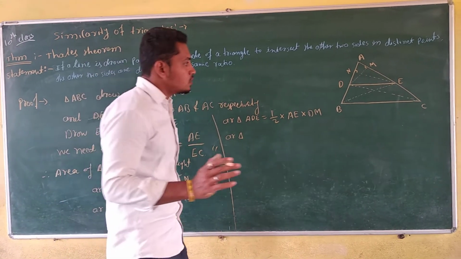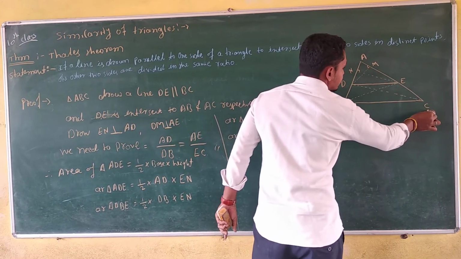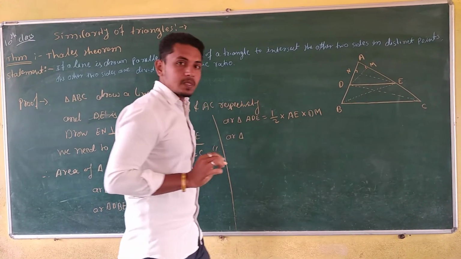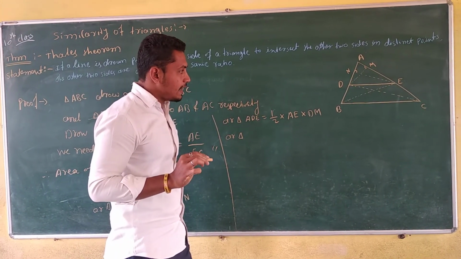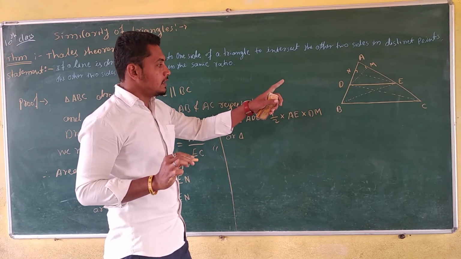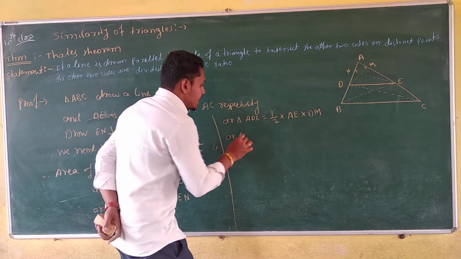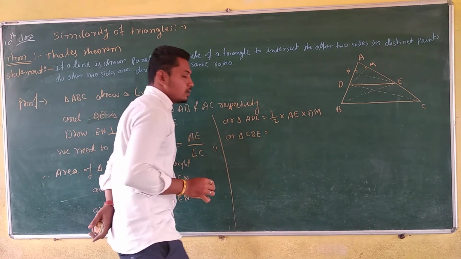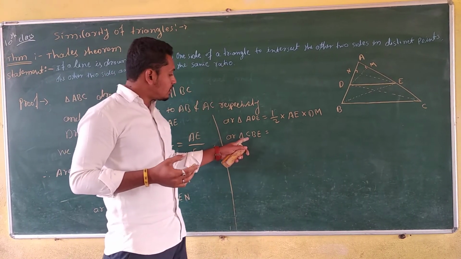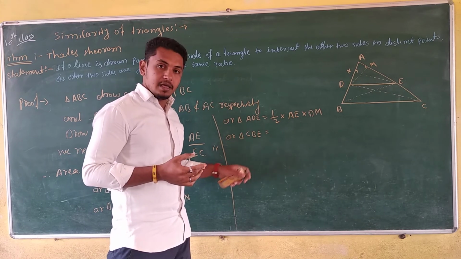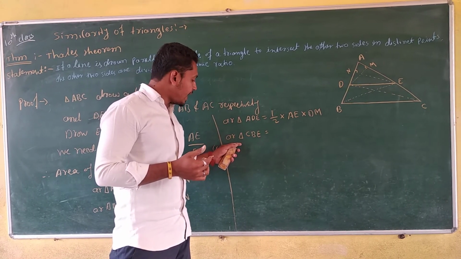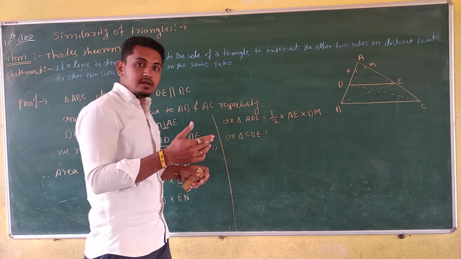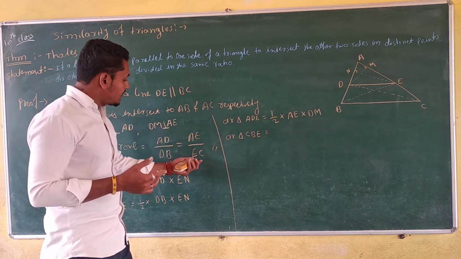So that's why you take triangle CBE. Why are we taking triangle CBE? After you find the area of triangle CBE, you get your base EC.